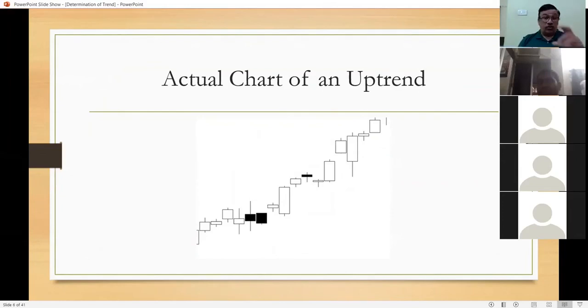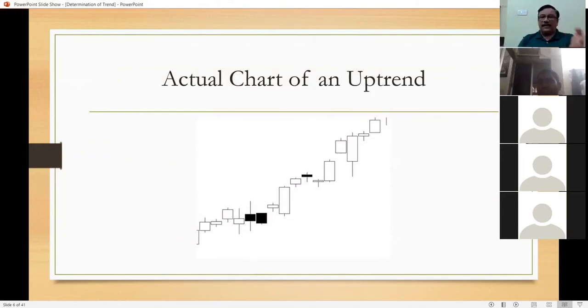Color of the candle, one major mistake. As soon as many traders see the opposite color, they immediately change their position, long to short. Not necessary. If it is still making higher high, higher low, the trend is still upwards. How do we check it? Check the last at least 10 candles.